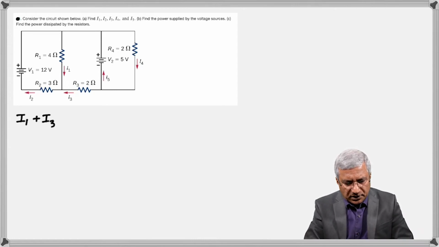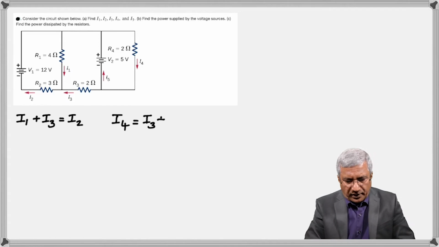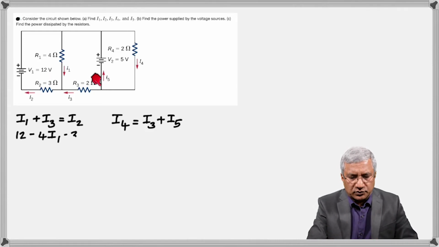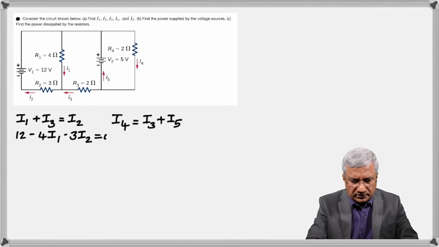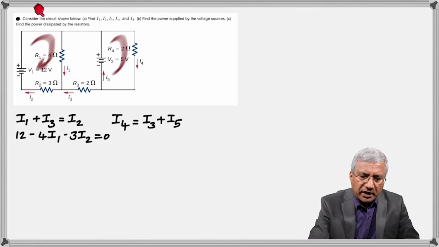So I1 plus I3 is I2, and I4 is equal to I3 plus I5, applying the junction rules at these 2 junctions. Then here is the loop rule applied in this loop.